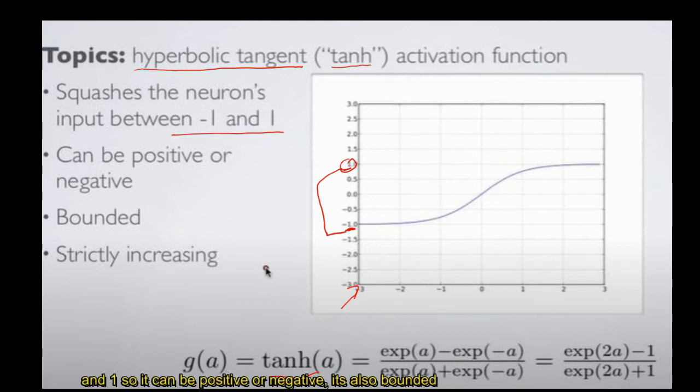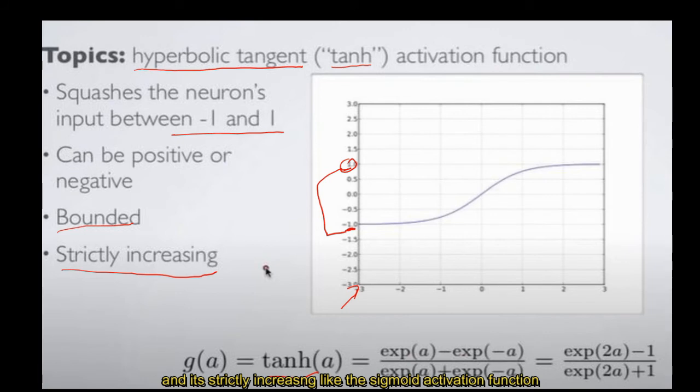So it can be positive or negative. It's also bounded, similar to the sigmoid activation function, and it's strictly increasing like the sigmoid.